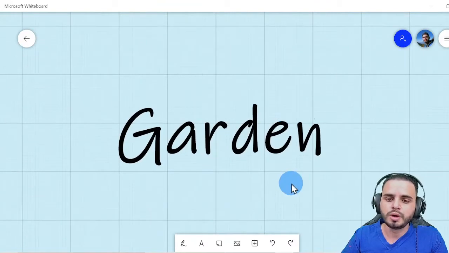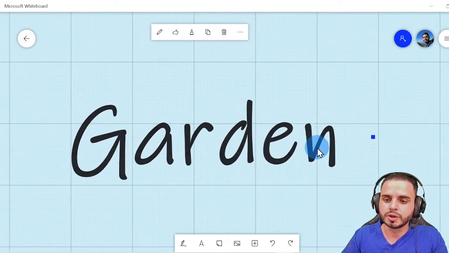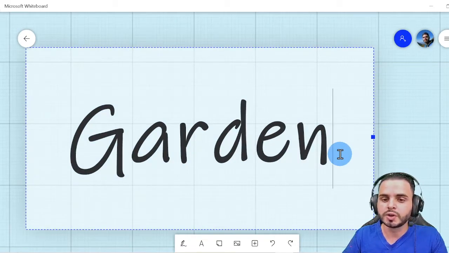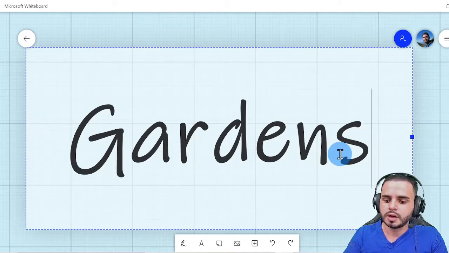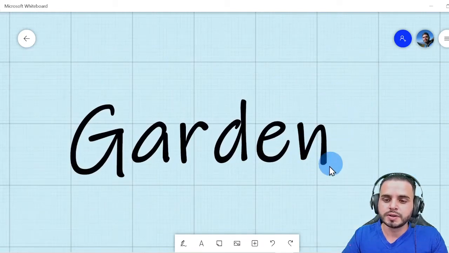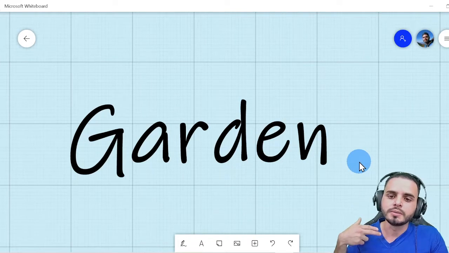Of course, there are more. So you just have to look for more examples if you wish to do more research to look into this topic. And we have the word garden. Now, as we can see, garden, the last sound, again, we do the same process.